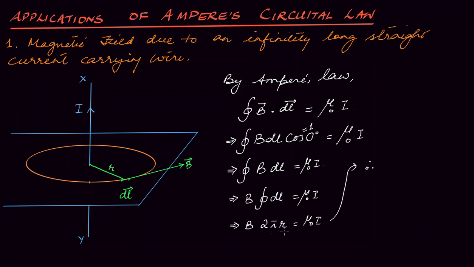Therefore, take this 2 pi r to the right hand side, you get B is equal to mu naught I by 2 pi r. That is the required expression.